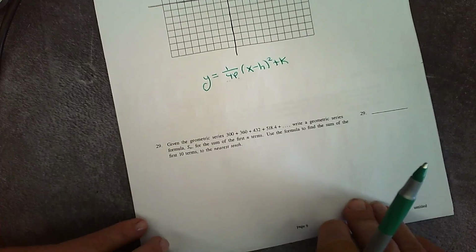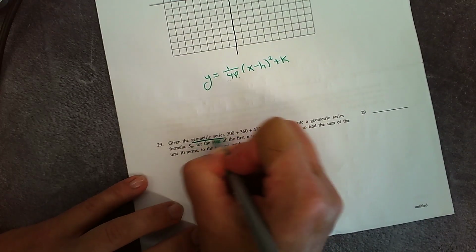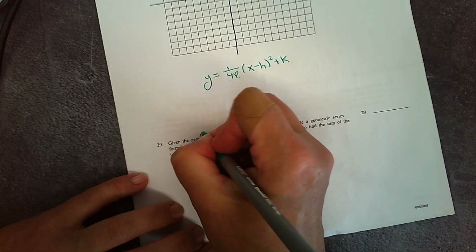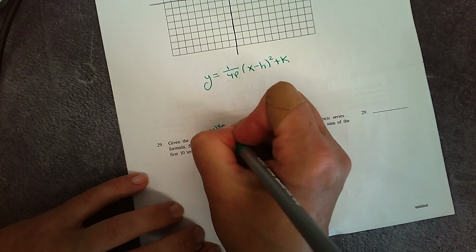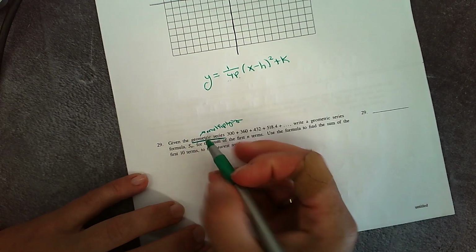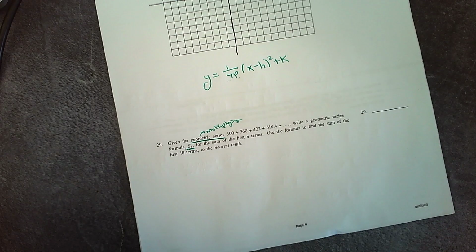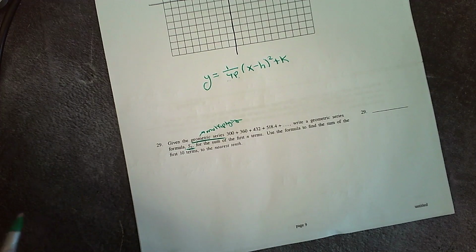All right, 29. Given the geometric series, so that means, again, geometric means we're multiplying. Okay, write a series formula, Sn. This comes right off our formula sheets. So you would go to the formula sheet on your test that we're going to have you guys rip out.